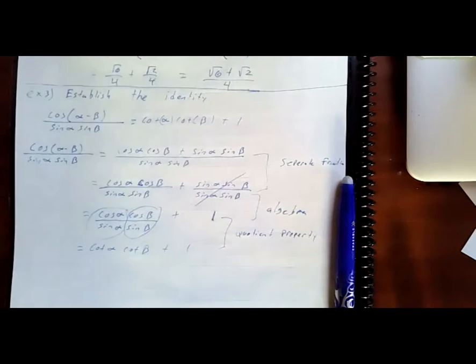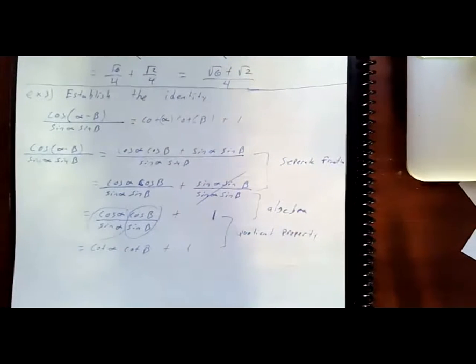So any questions on this problem? How does it become cotangent? I'm not getting that part because I don't see that in the formulas.